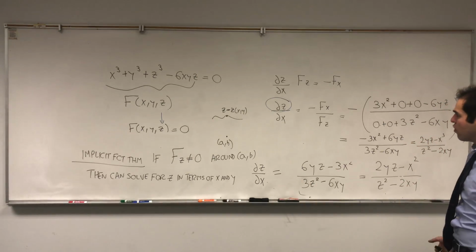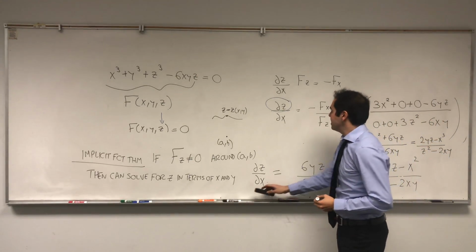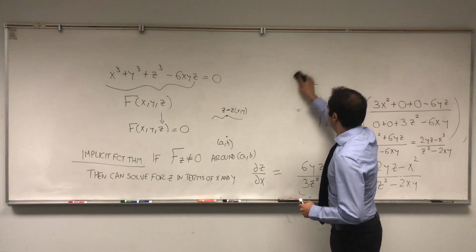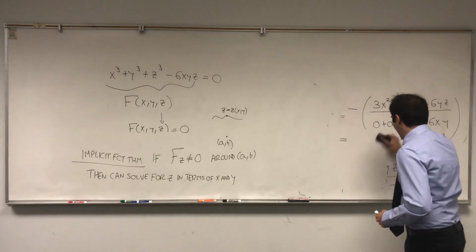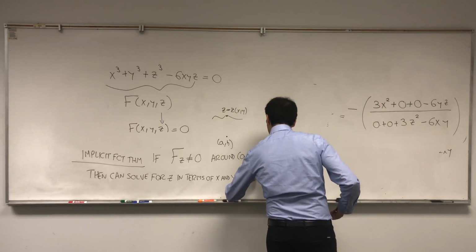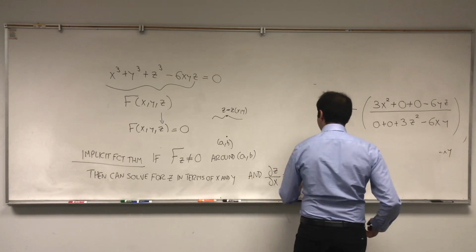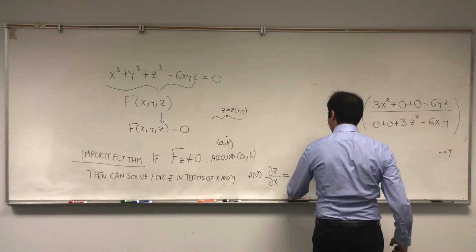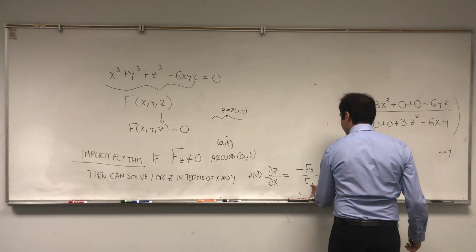And moreover, we have an explicit formula for the derivative of z. So you can solve for z in terms of x and y, and moreover, we can calculate the derivative of z with respect to x with the formula that I just erased, which is minus fx over fz.